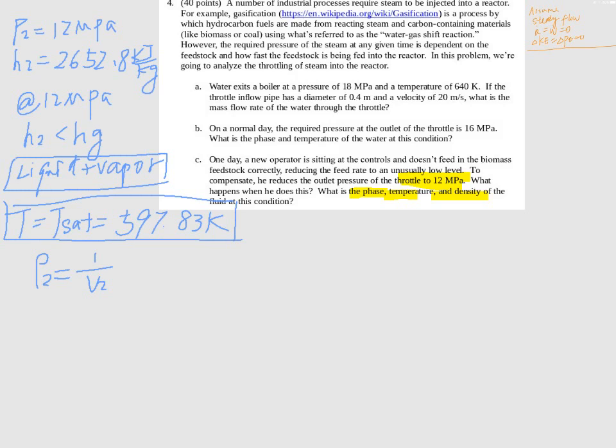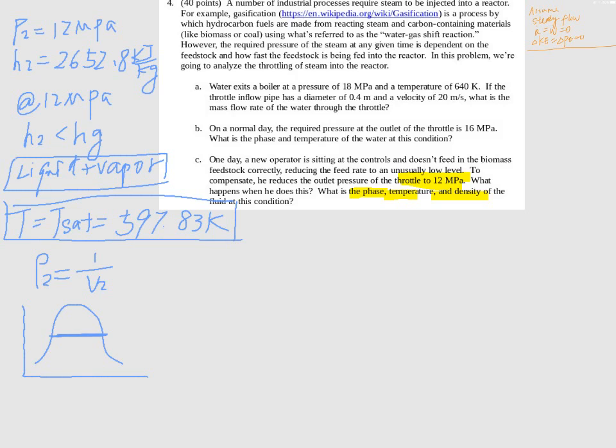We actually need to use something related to quality, because since we already said this is liquid and vapor, we don't really know exactly which point this is at. So we're going to use different H values to solve for quality first and figure out which point on this line is our current condition. So let's get started with that.